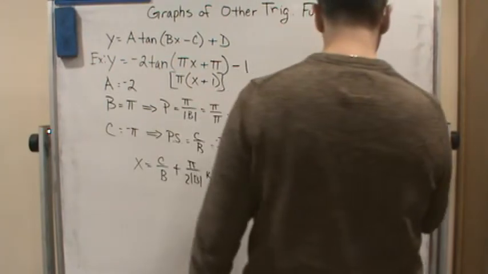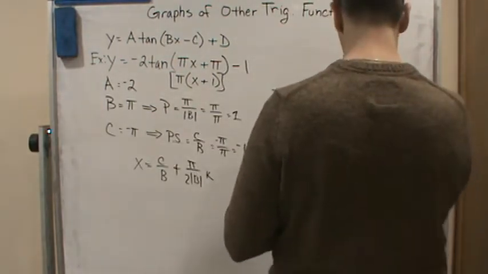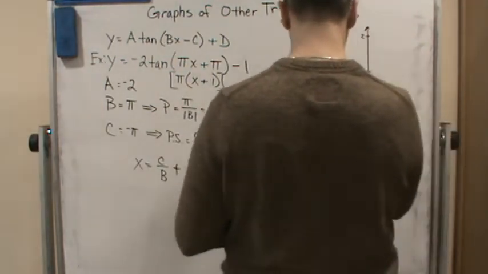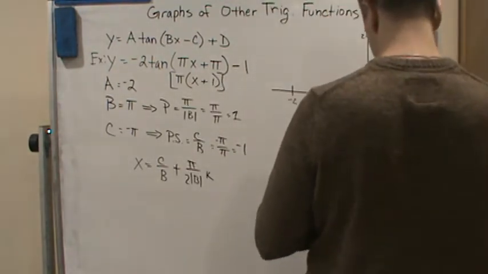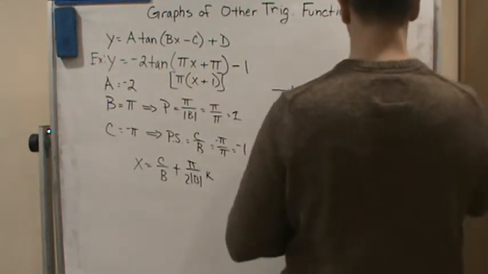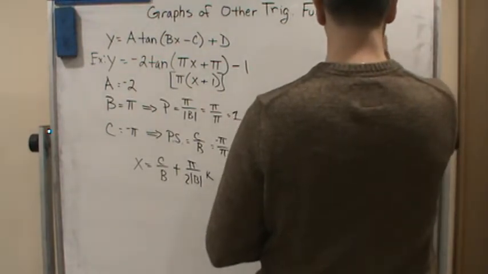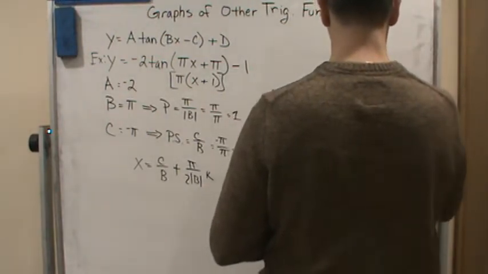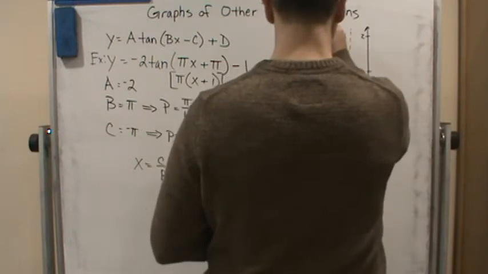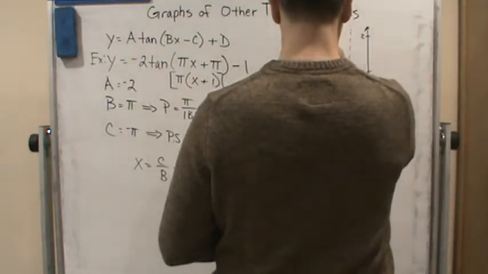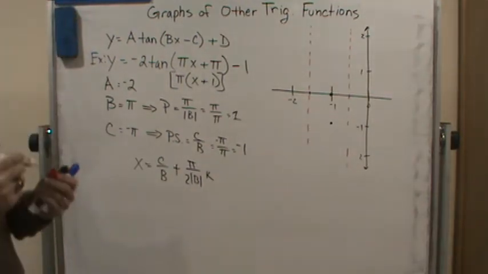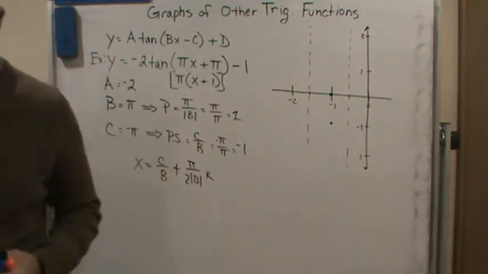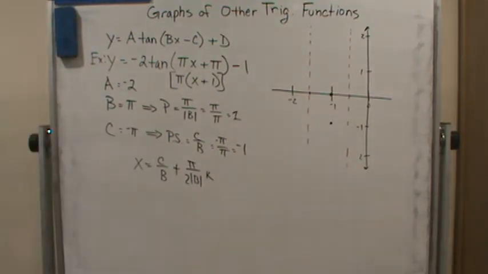So the asymptotes are located here. I'm going to draw these. Now we're pretty much almost done.